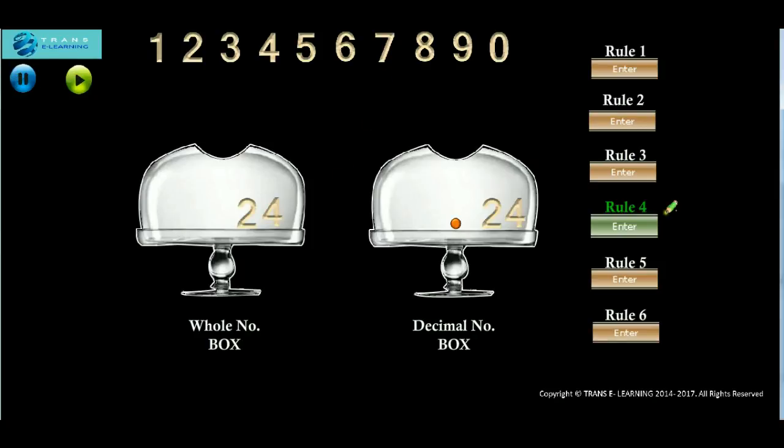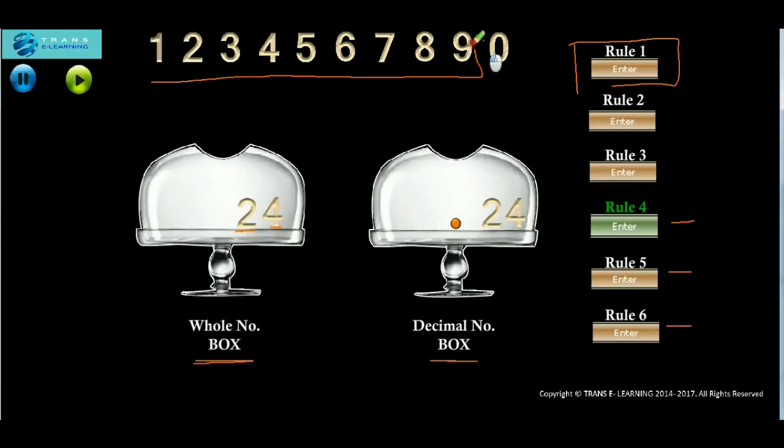For rules 4, 5 and 6, I will be just writing any random numbers inside the whole number box as well as the decimal number box, because we know that as per rule 1, all non-zero digits are significant, whether they are at the extreme right or at the extreme left, on the left hand side of the decimal point or the right hand side, it doesn't matter.